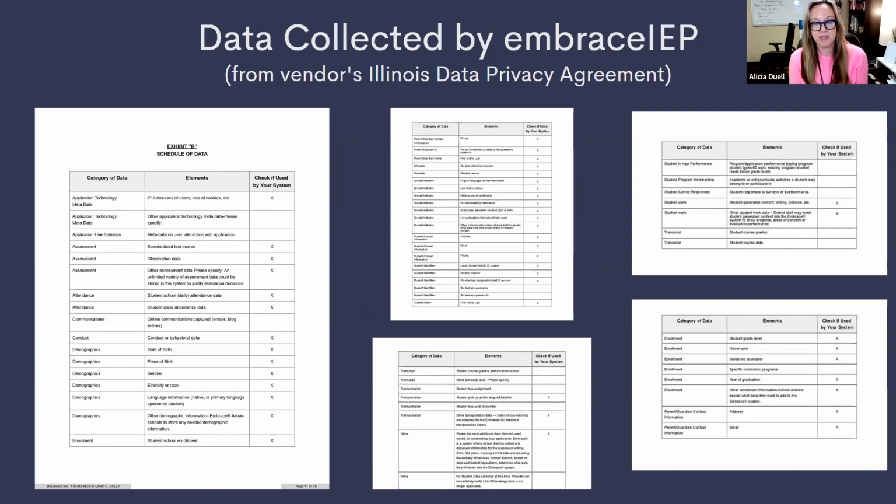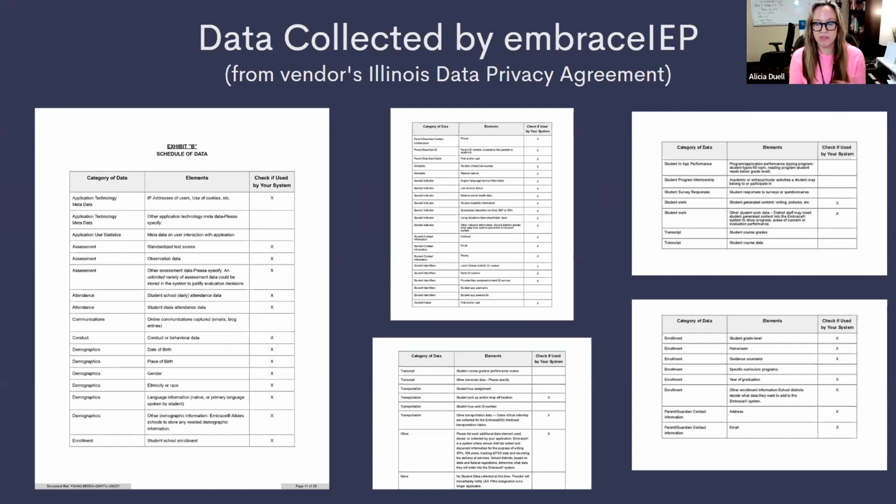And that makes sense because it's for IEPs. And so you need to have a lot of different kinds of sensitive data. But I just wanted to show you that this one single vendor has all of the sensitive data, like special education status, any kind of medical health information, low income status, English language status, all kinds of things like that. That's one vendor.